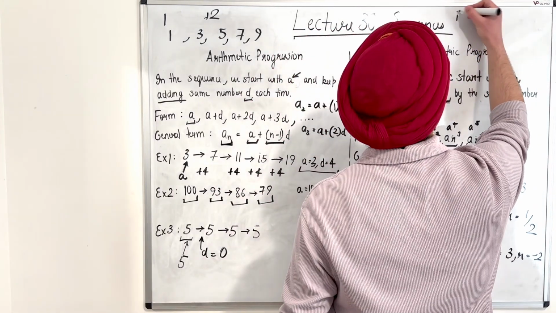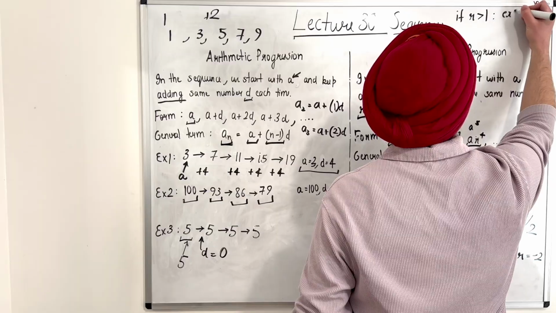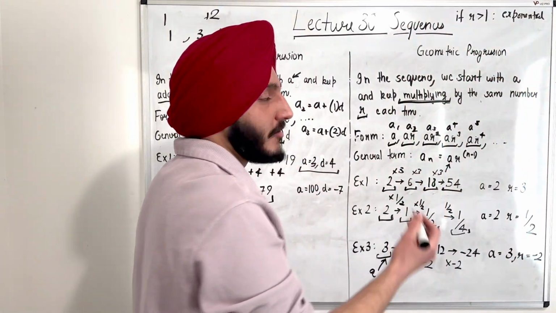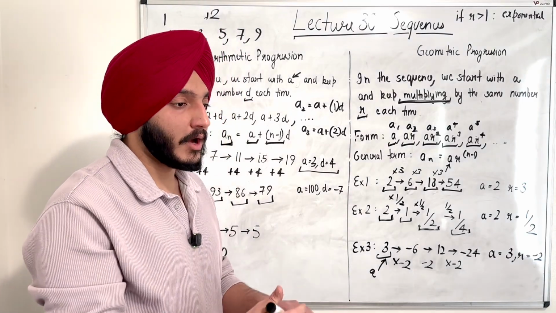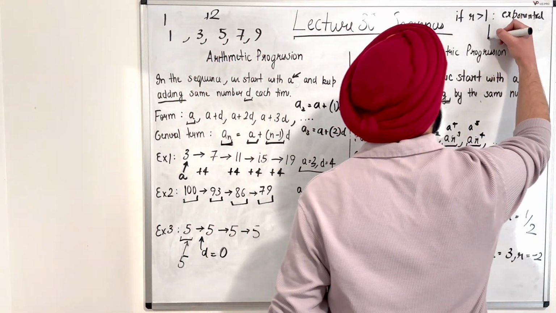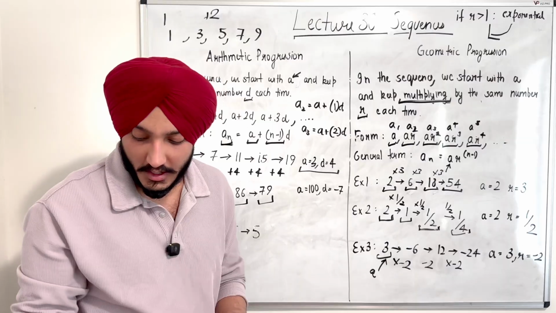If R is greater than 1, it is exponential. So in geometric progression, if the R value is greater than 1, the progression would be exponential growth. The graph would look kind of like this, increasing in an exponential way.